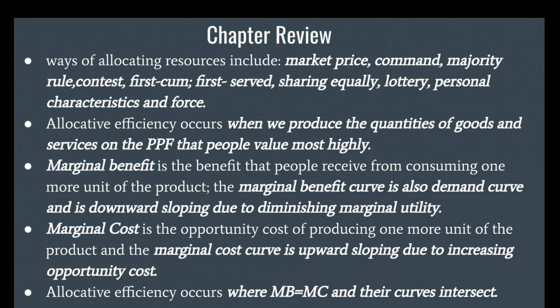The marginal benefit curve is also the demand curve and is downward sloping due to diminishing marginal utility. Marginal cost is the opportunity cost of producing one more unit of the product, and the marginal cost curve is upward sloping due to increasing opportunity cost. It is also the supply curve. Allocative efficiency occurs where MB is equal to MC and the curves intersect.